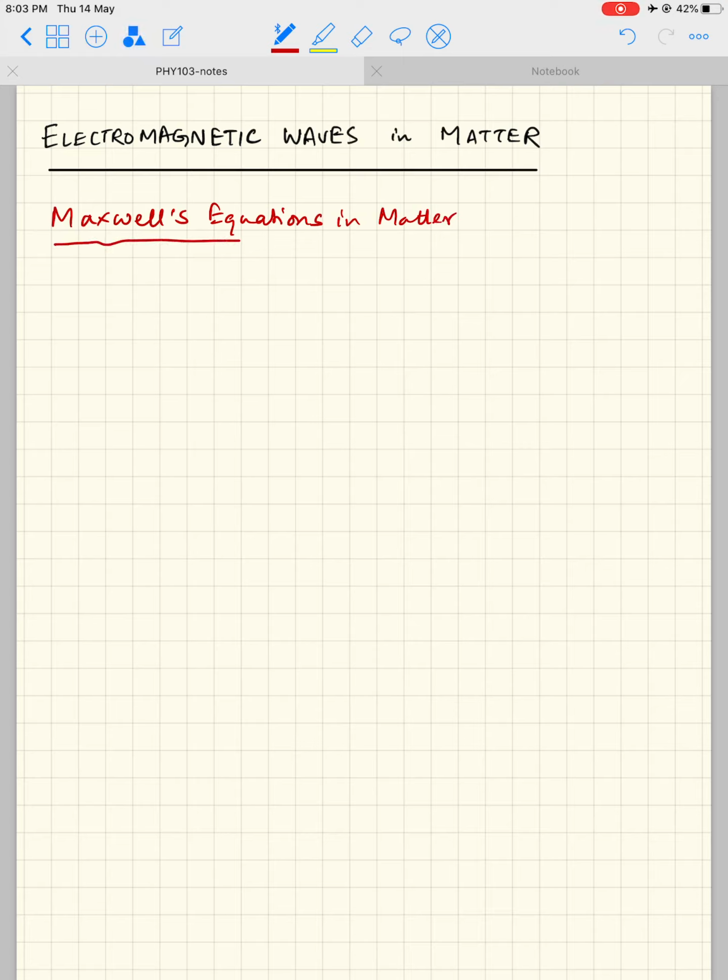Now I should mention at the very outset that the form of Maxwell's equations that we had before in relativistic notation, so these were Maxwell's equations.